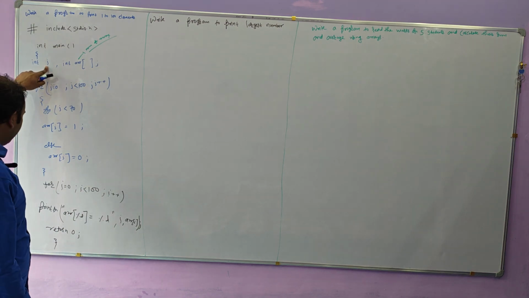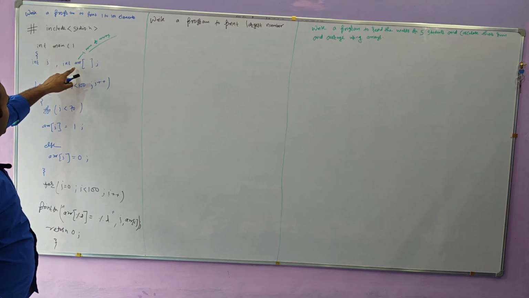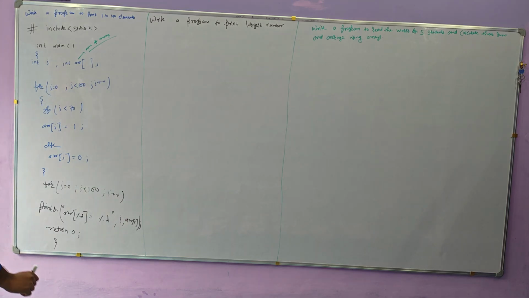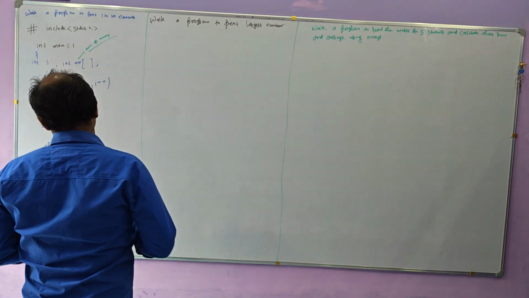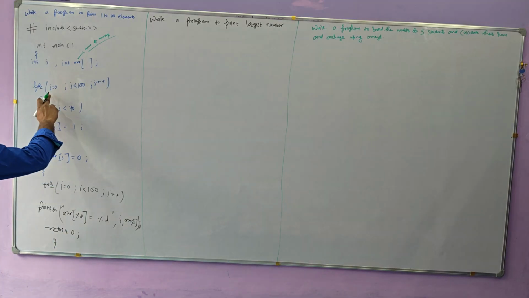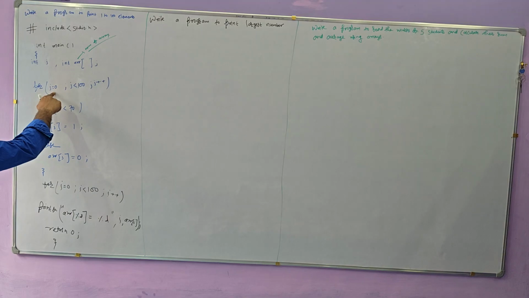We are using an array, and we have just declared it before using it. So now for i is equal to, firstly the value of i will be executed.